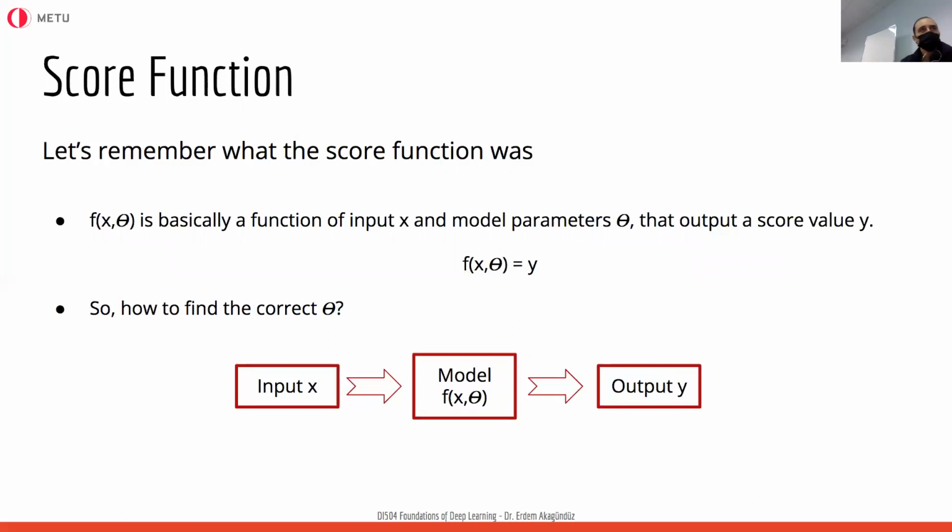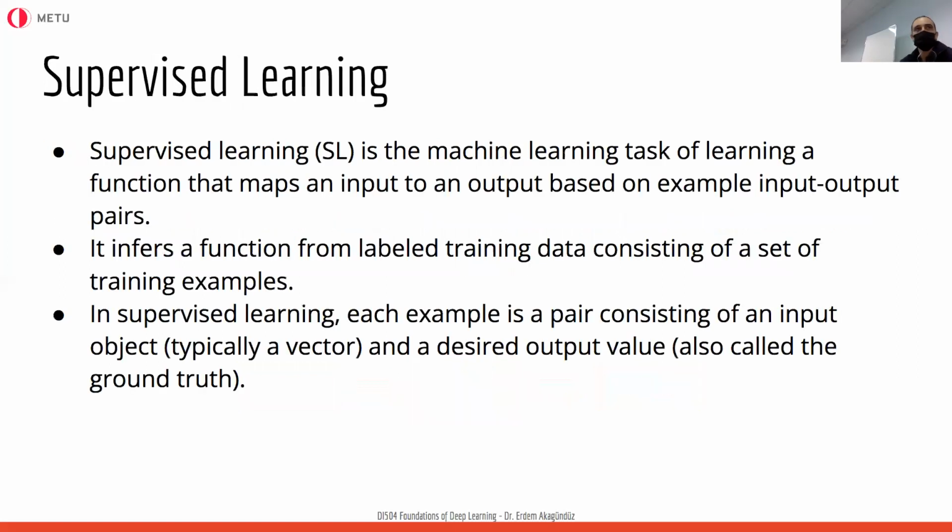So how to find the correct parameters? That was what we were talking about. Supervised learning is about using the annotated knowledge in a loss function to find those parameters. Simple as that. If you're doing support vector machines, Gaussian mixture models, artificial neural networks, any kind of supervised machine learning technique, this is the case.